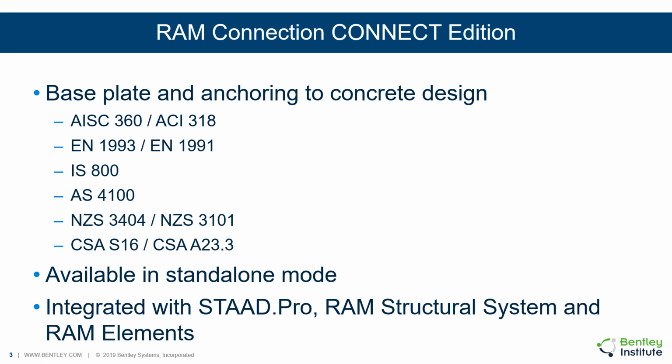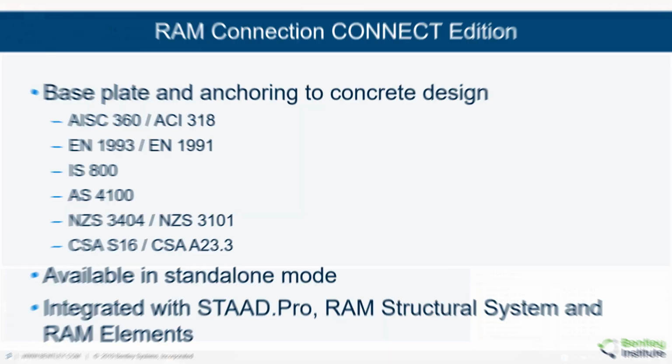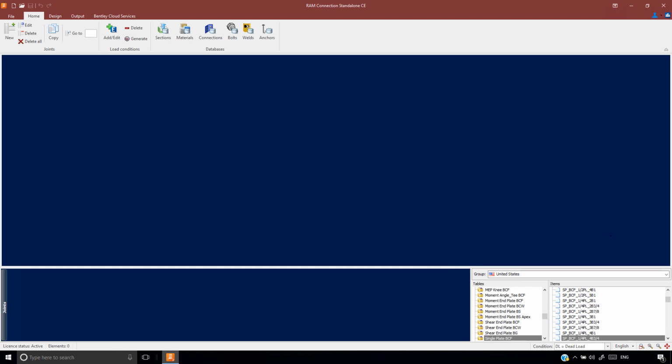Eurocode 3 and Eurocode 2 for the plate and anchors, the Indian standard IS 800, the Australian AS 4100, the New Zealand NZS 3404 and 3101 for the plate and anchors, and very soon we'll be having the Canadian CSA S16 for the plate and A23.3 for the anchors. These standards are all available in RAM Connection standalone mode and also when it's integrated with STAAD.Pro, RAM Structural System and RAM Element. The first step will be to define the unit system.